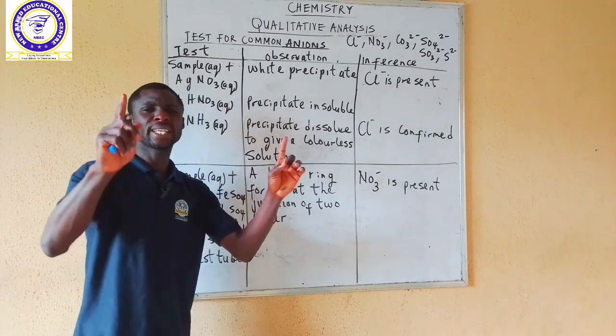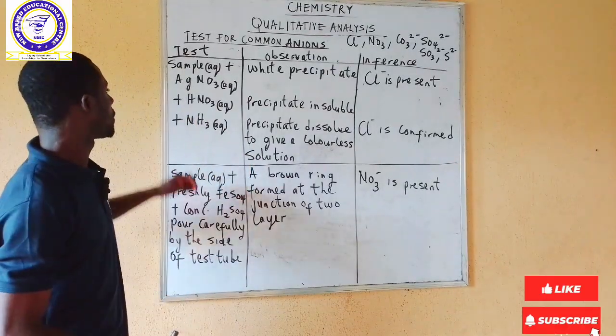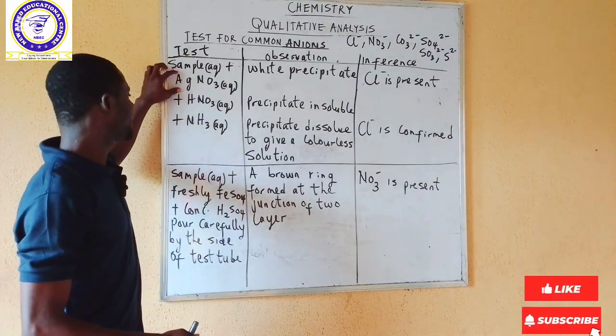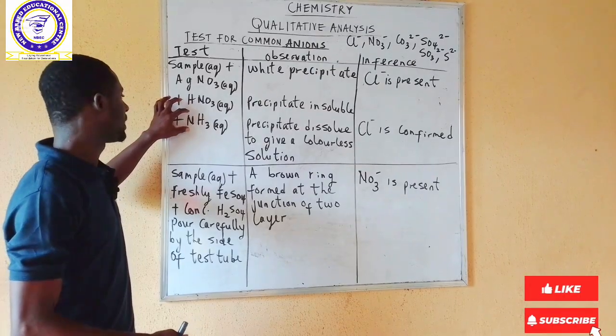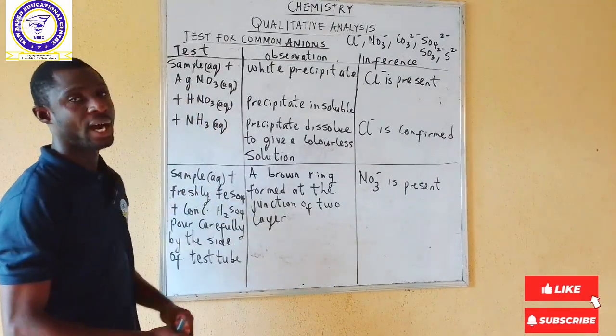Anytime you want to test for chloride ion, you are asked to add silver nitrate, nitric acid and ammonia solution.